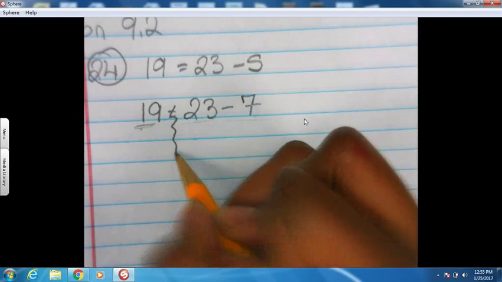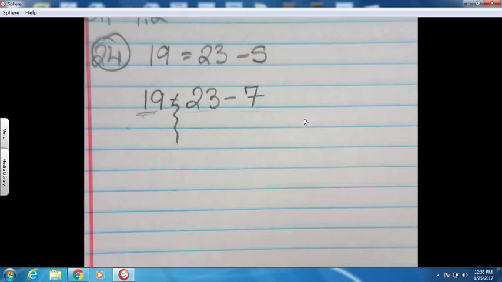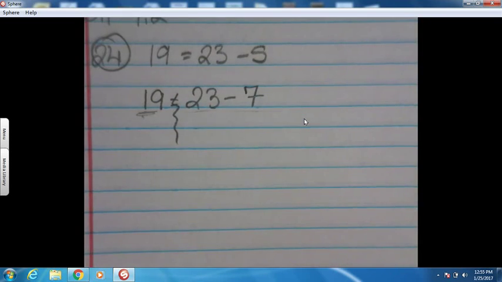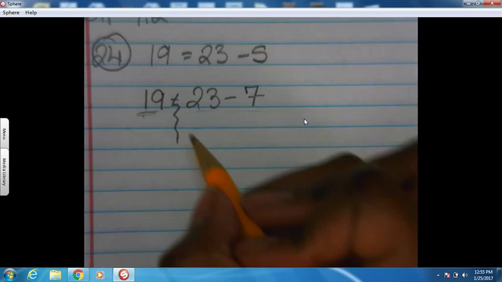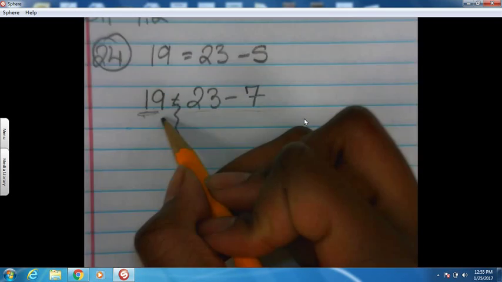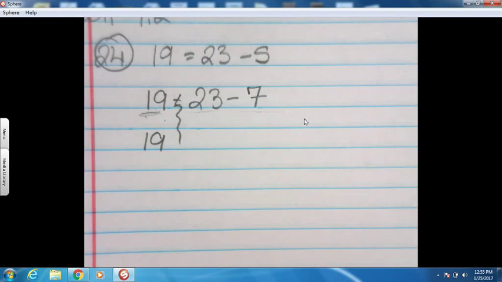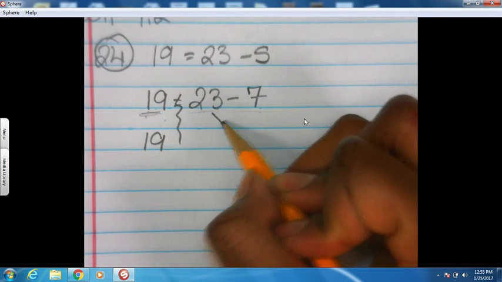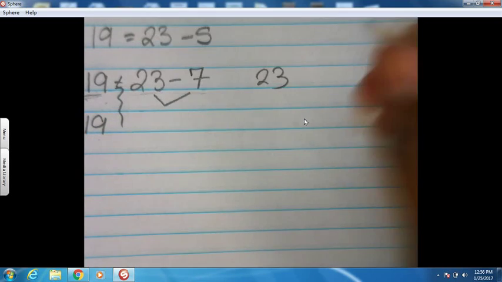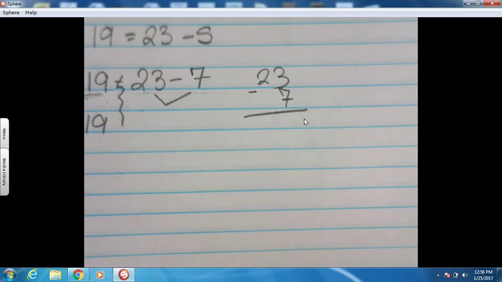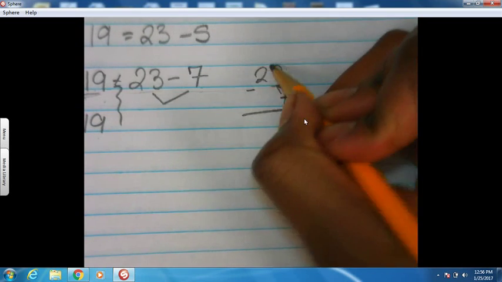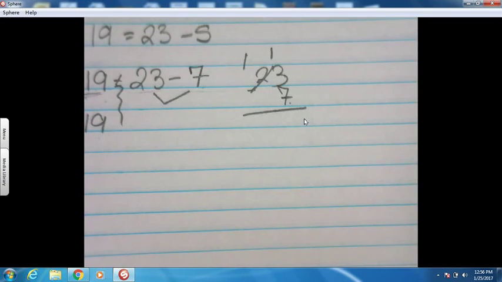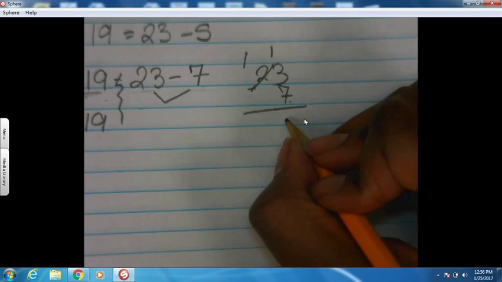I'm going to draw my river just so that I can tell the difference between both sides. So I don't have any work to do on this side because it's just 19. But over here, 23 minus 7. Well, we know we want it to equal 19, but let's just make sure. Let's see what happens. 3 minus 7, I can't do that, so I'm going to borrow. 13 minus 7 is 6.